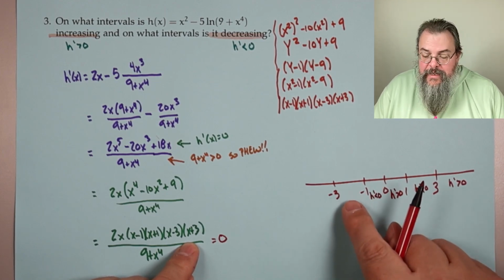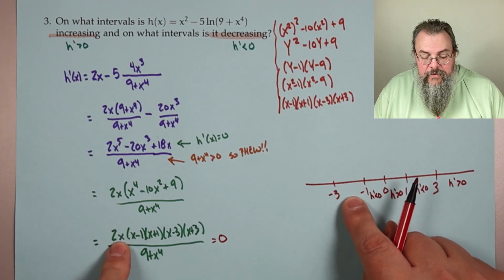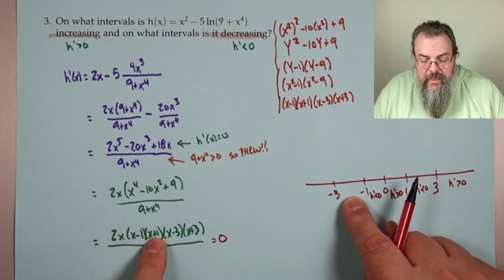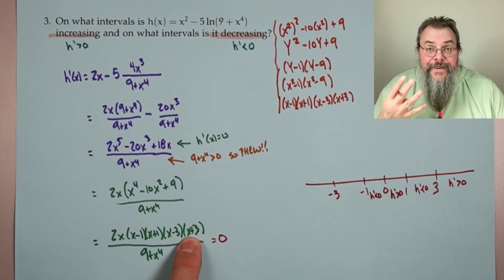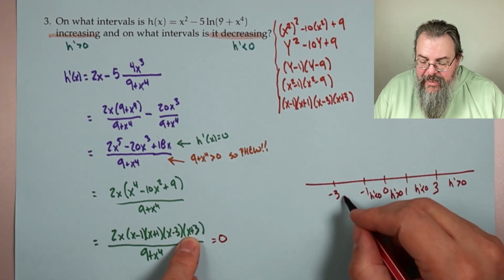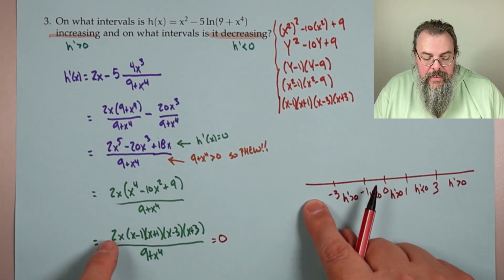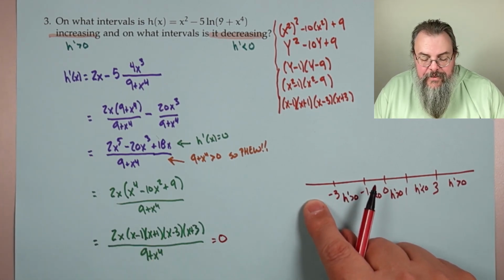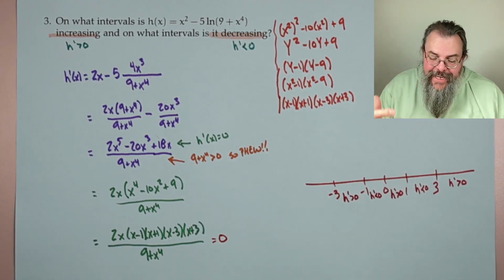Suppose you plug in negative 2. We have negative, negative, negative, negative, positive. 4 negatives. So that makes h prime positive. And say negative 4: negative, negative, negative, negative, negative. That's 5 negatives.